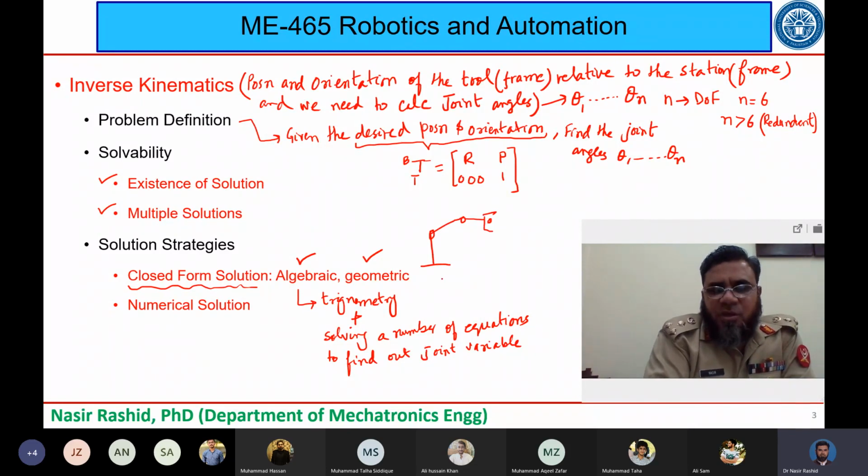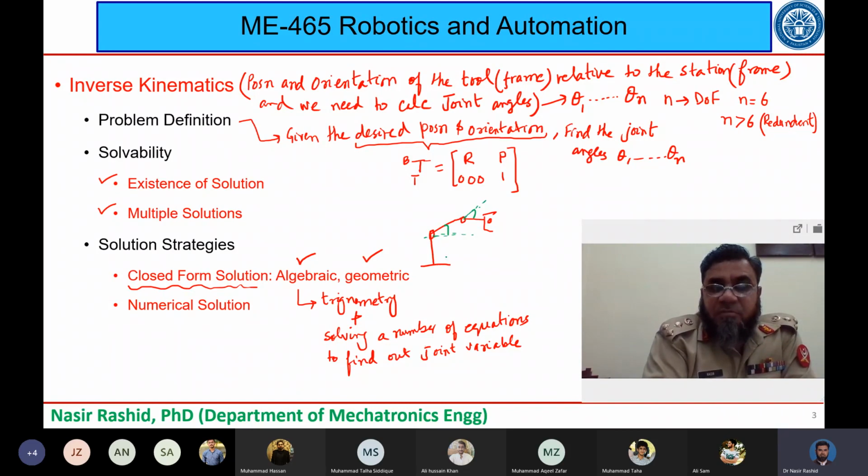So what I need to do is that I need to calculate this angle theta, maybe this angle, and I draw this according to the scale and use the geometry to reach to this position and then measure these angles. So this is how I can reach to a solution.